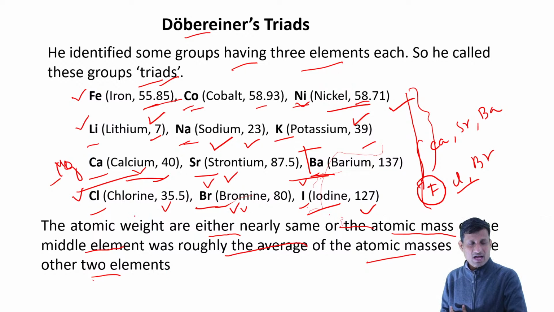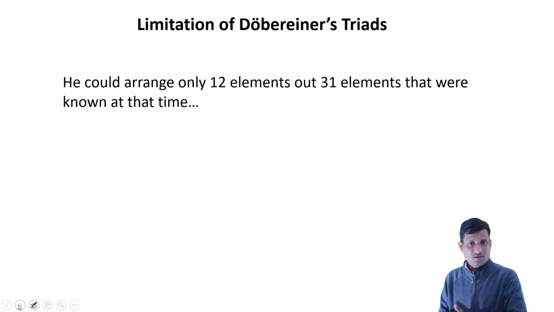From this we could get the idea of a periodic table, learn that these elements are together, study their properties, and get information about the elements. Then what is the limitation?